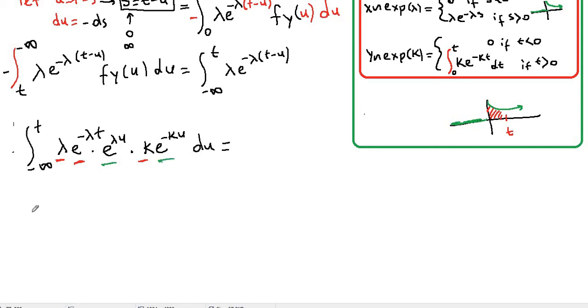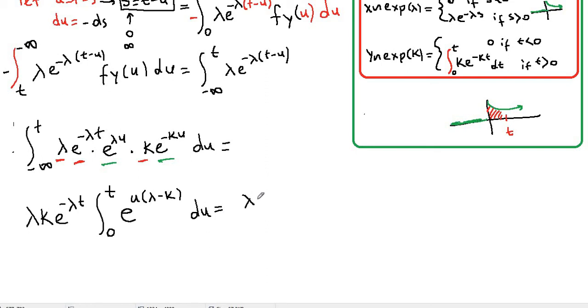So our new integral will be lambda times kappa e to the negative lambda t, and the integral, and we need to change the limits of integration again to 0 to t, because it is supported from 0 to t for exponential Y. And we can merge these e's, so e to the u times (lambda minus kappa) du.